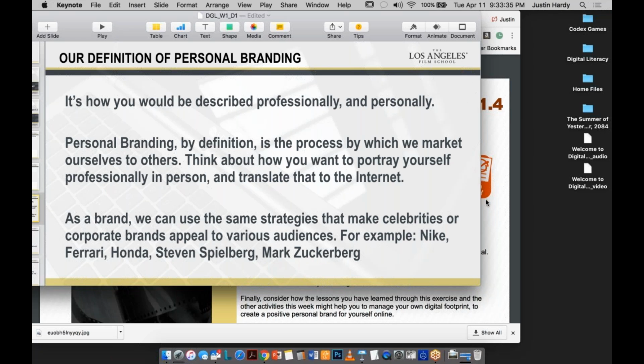Another really good example is, say, Honda cars and vehicles versus Ferraris. Now, both Hondas and Ferraris are brands of cars. They both get you from point A to point B. All cars can do this. But Honda is targeting a very specific type of audience, people who want affordability, reliability, people who want a car that won't break down very often and only needs maintenance every so often.